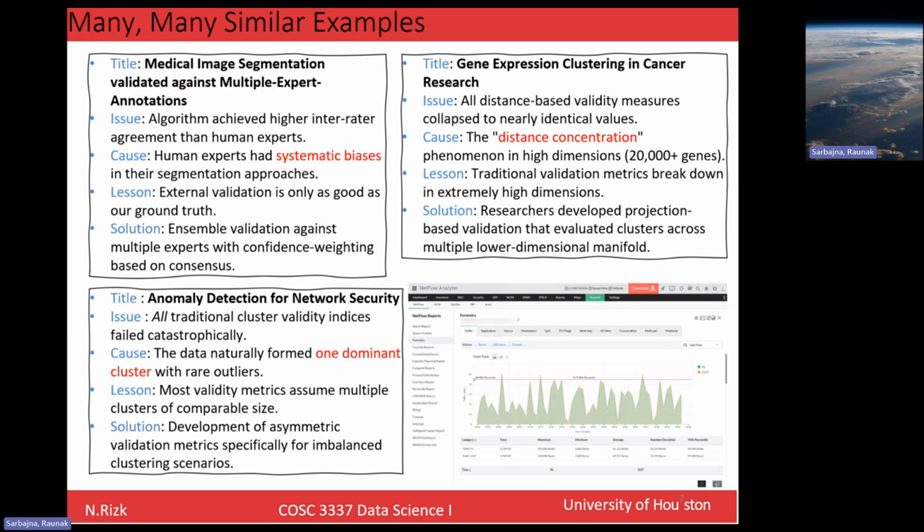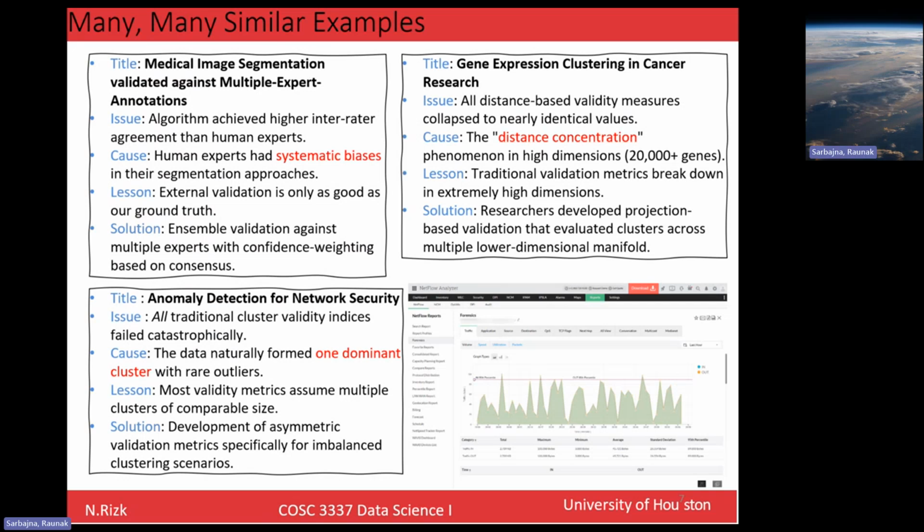So all the cluster metrics failed because this is an edge case that they hadn't considered, because the minimum number of clusters for a lot of these cluster analysis tools that we'll talk about just after this requires at least two clusters. So if your entire data set falls within a single dominant cluster with just a couple of outliers which don't form clusters on their own, your metrics are going to fail.